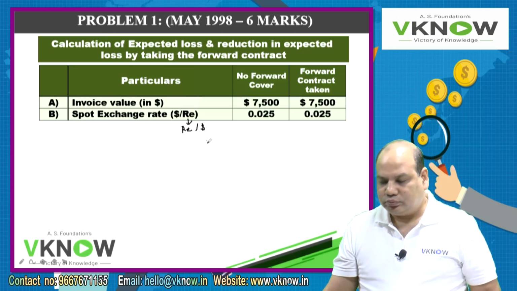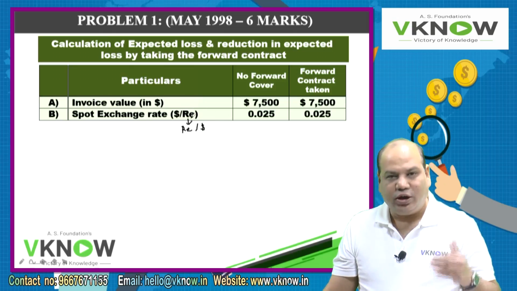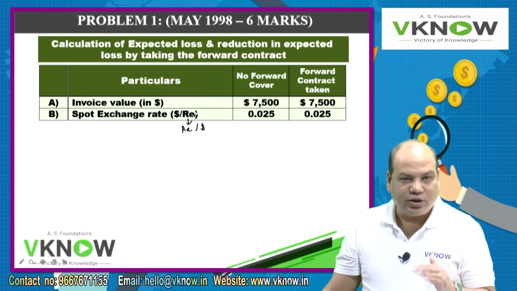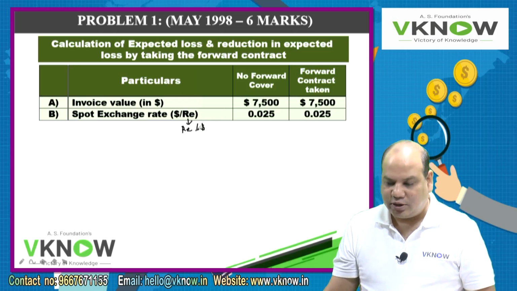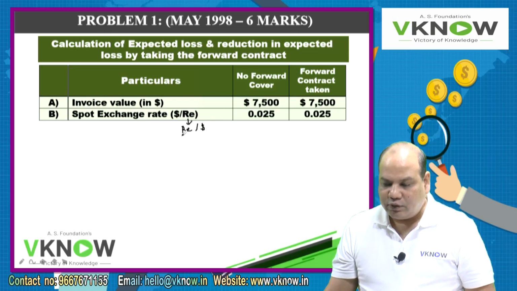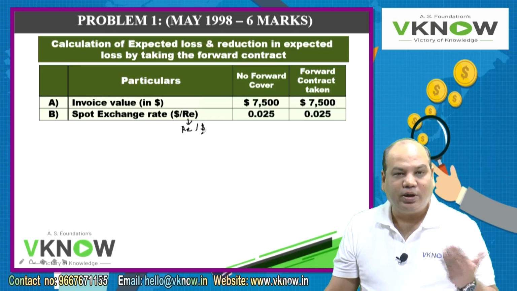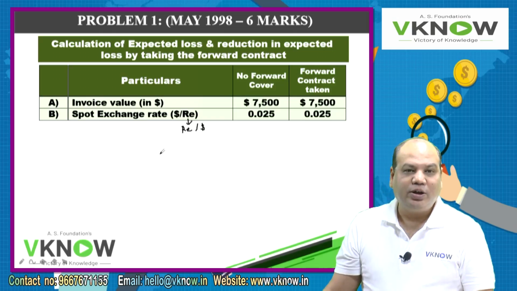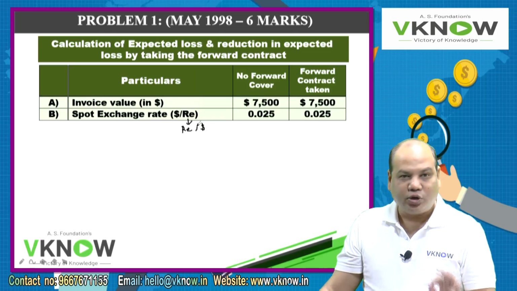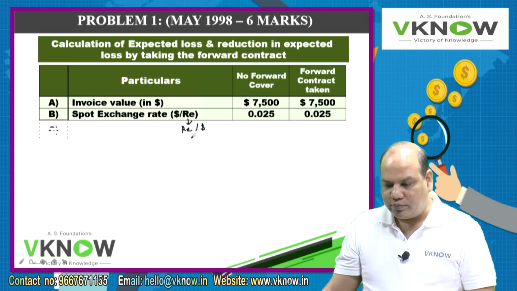So if I am given the rate for rupees and the depreciation in rupees, I will just take minus 10% for the expected rate. But if I convert to rupees per dollar, then I will have to be careful while estimating the expected spot rate after 3 months. If you are careful, you can do it.